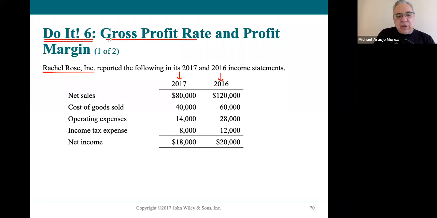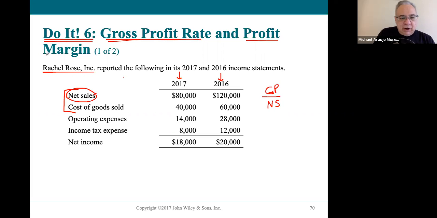So first things first, gross profit rate is the gross profit divided by your net sales, right? Well, the net sales are given to you for both years. That's easy. But the gross profit is not given to you. So how do you calculate it? Net sales minus cost of goods sold will give you your gross profit. So you can calculate that pretty easy.